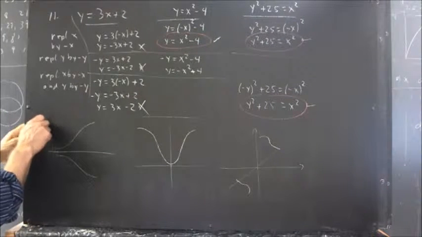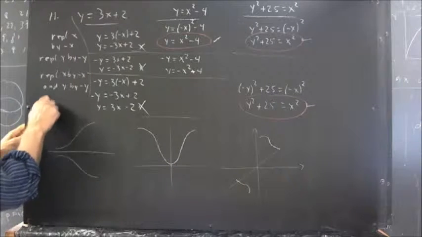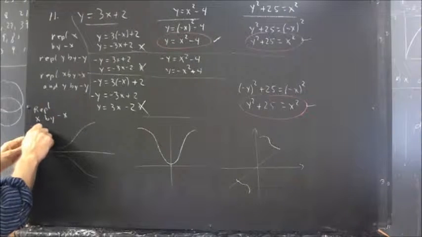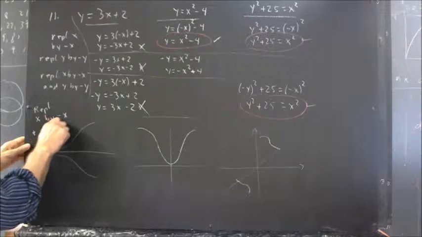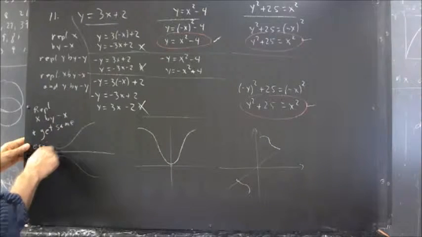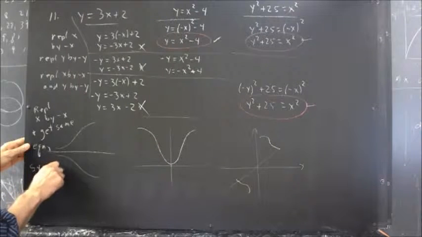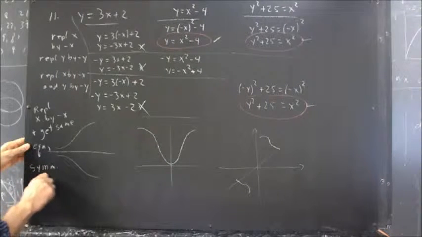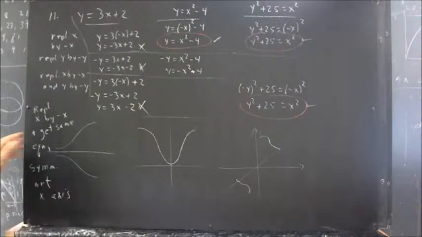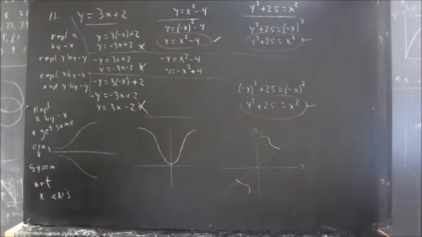So if we replace x by negative x and get the same equation, we have symmetry with respect to the x-axis. And that looks like this. What you have below is a reflection of what you have above.